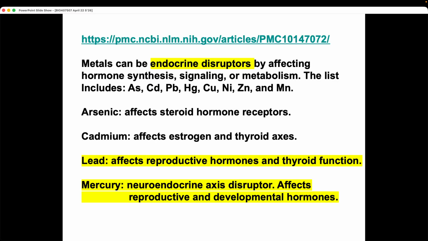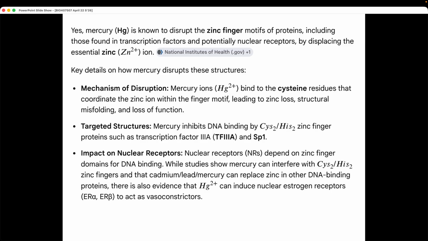And then back to lead and mercury, to say what I've already been saying: yes, mercury is known to disrupt the zinc finger motifs of proteins, including those found in transcription factors and nuclear receptors. Not its most famous thing, but interesting, because in my initial look I said, I doubt these metals will be endocrine disruptors, and if they are, we'll be able to highlight other steps than just being a ligand that binds in place of estrogen.